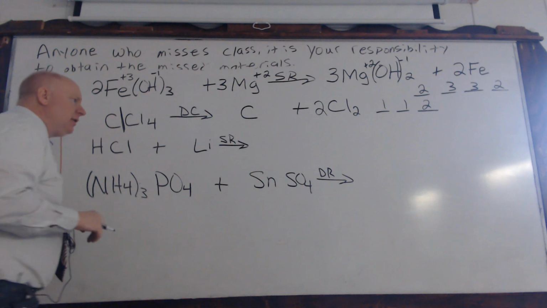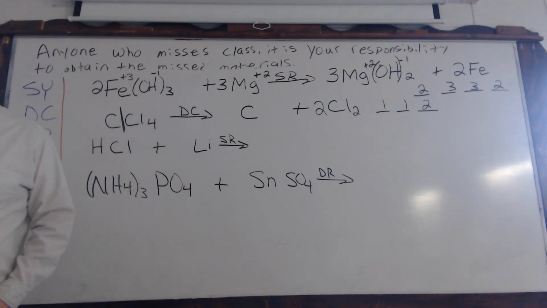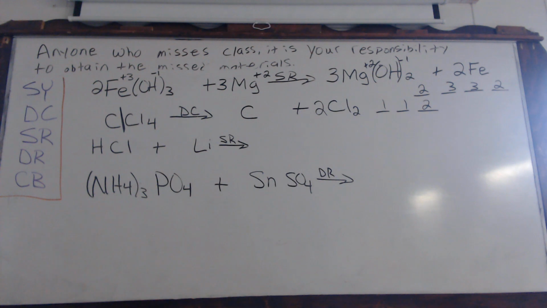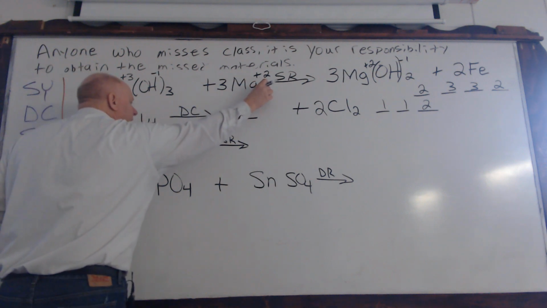Now, this next equation, what is probably the number one mistake that students are going to make? That diatomic molecule. We see a single replacement reaction here, just like what we did up here.